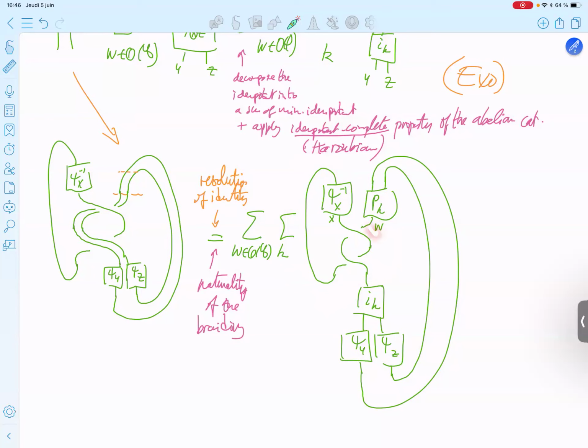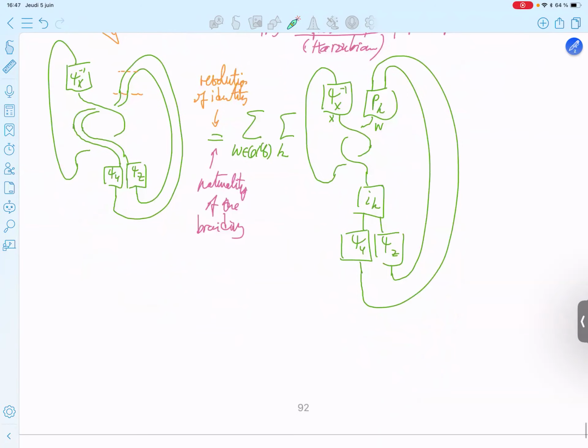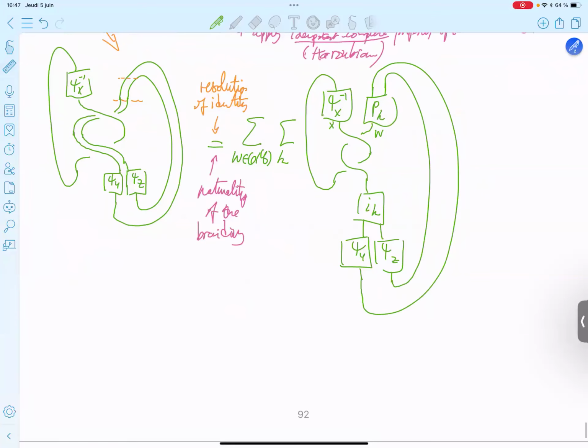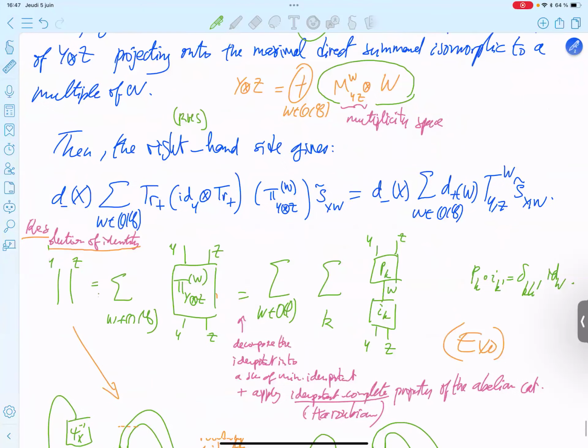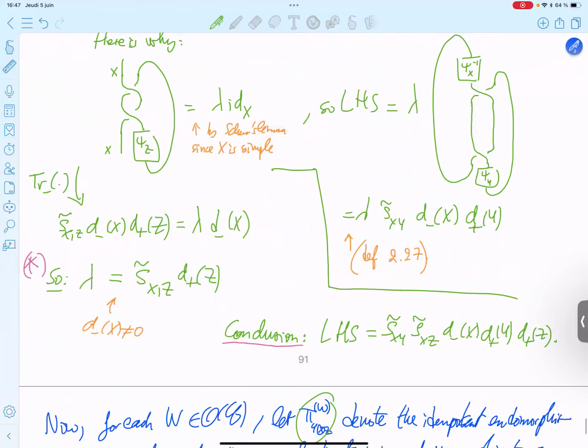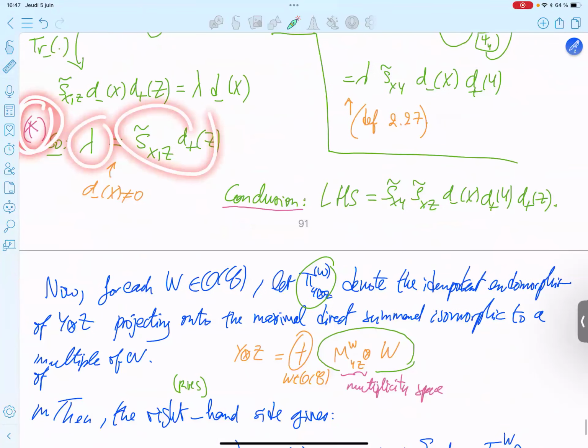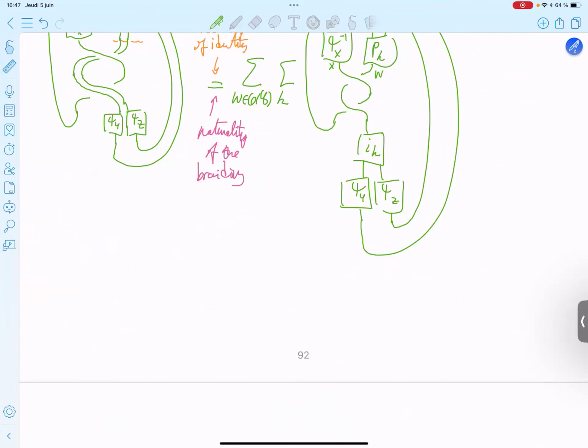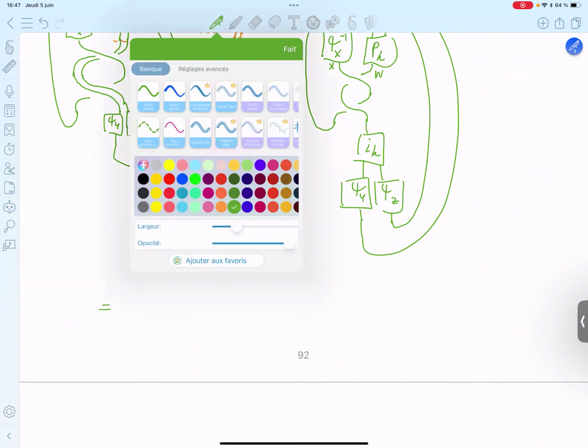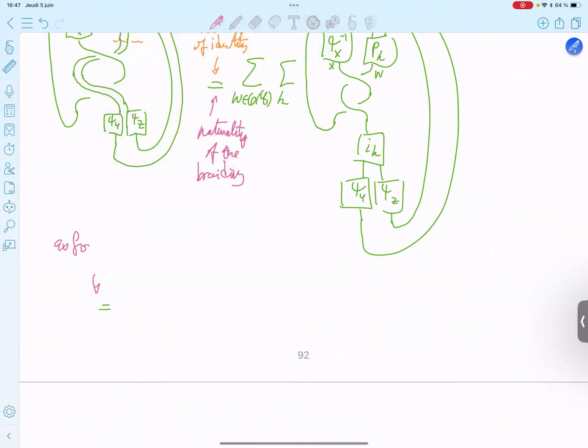So you can replace this piece by identity times a constant. And this constant, we know as before, is some dimension times some entry of the resting matrix. So we can directly do as before. That's why I use the star here, because you use the same trick. You evaluate the lambda, the constant. So as for the star, this is equal to, as for the point star, as follows.